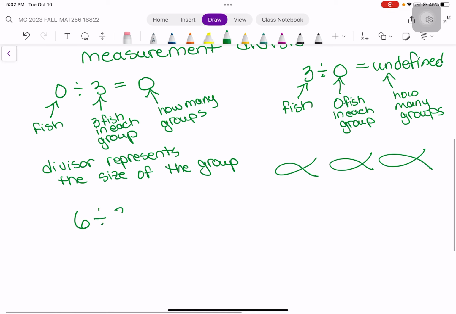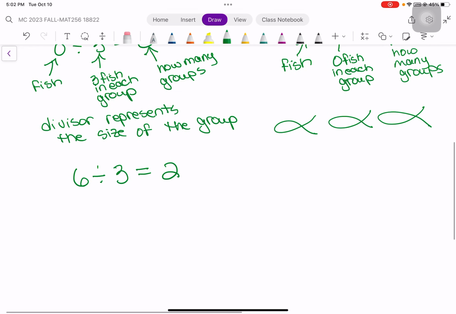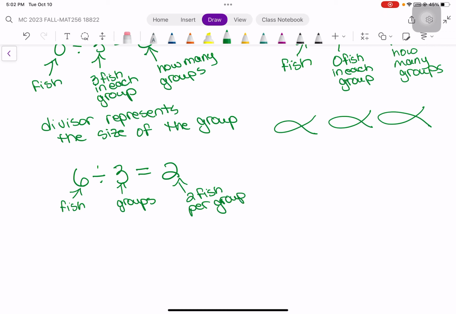So I'm pretty sure we'd all agree that 6 divided by 3 equals 2. So if we say we have 6 fish and we want to split them into 3 groups, we would have 2 fish per group. And this is partitive because our divisor is the number of groups.